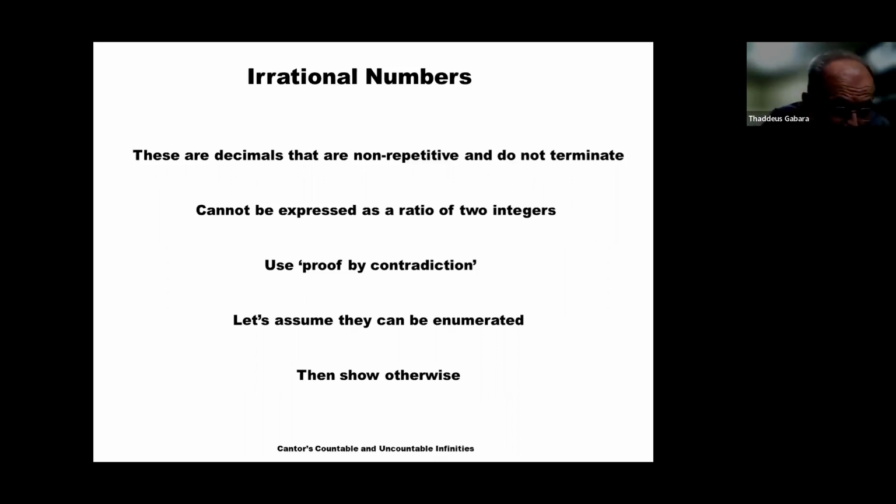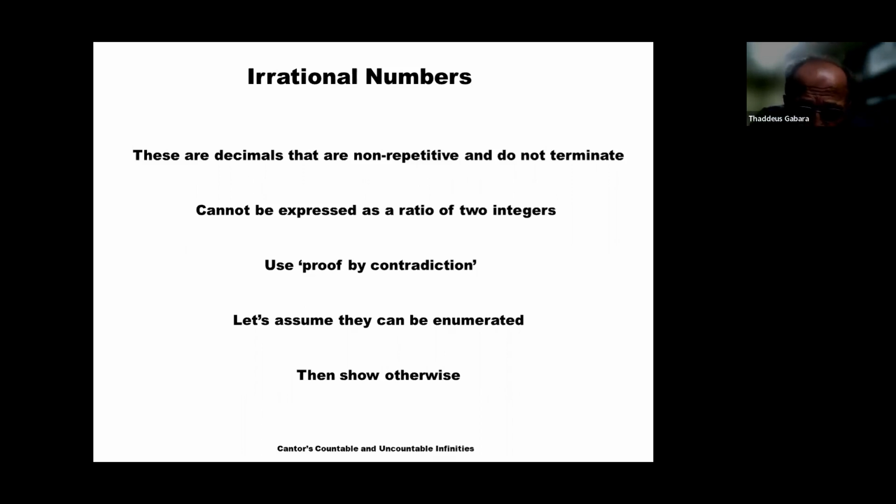They cannot be expressed as a ratio of 2 integers, because if they were expressed as a ratio of 2 integers, they'd be rational. Now, we're going to say that between 0 and 1, we're going to collect all of the numbers, all of those decimals that are non-repetitive and do not terminate.